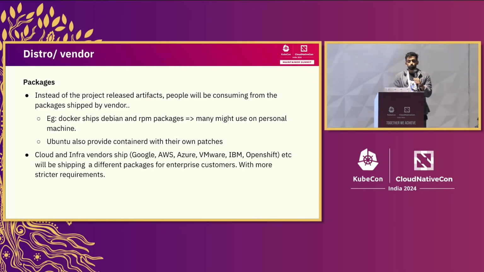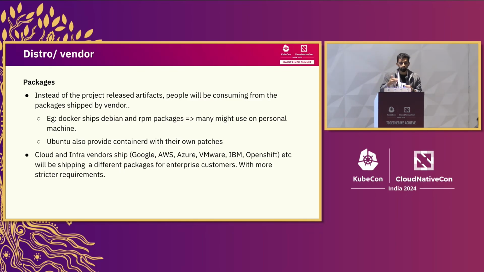Now if you go to cloud and infra vendors like Google, AWS, Azure, VMware, IBM, all of them ship their own version, because they know best which dependencies and libraries are on their machines or that they are shipping to customers. This is again mostly focused on the enterprise side, and they will have stricter requirements, maybe regulatory or country-specific requirements that they need to follow.